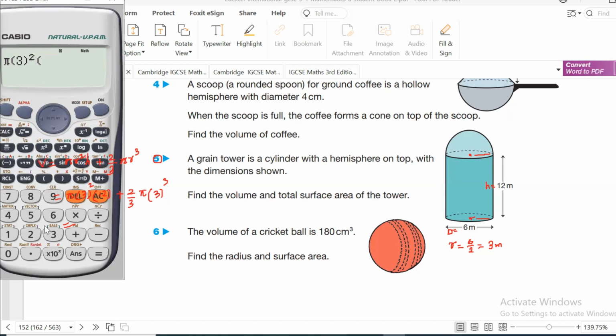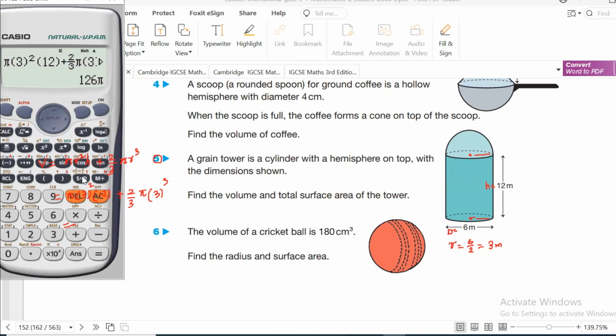And then we have the height, 12. And then plus the volume of the hemisphere, that is 2 over 3. Then we have pi, shift pi, and bracket open. The radius is 3 cubed.